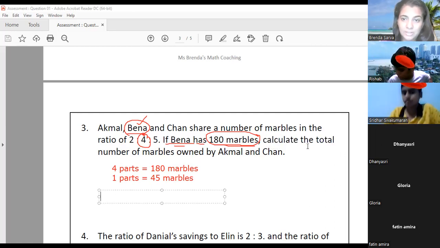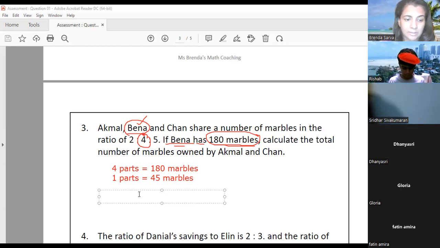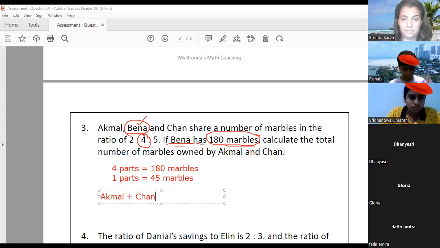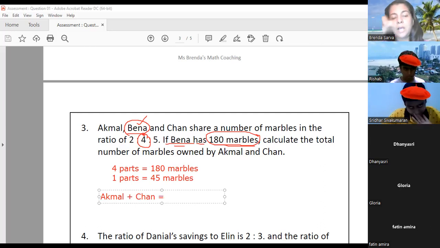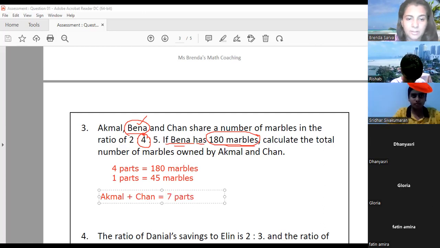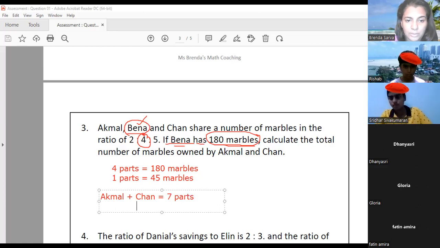Question is, calculate the total number of marbles owned by Akmal and Chan. Now we want Akmal plus Chan. Yes or not? Total means plus. So Akmal and Chan, you tell me how many parts is that? 7. Very good. You write 7 parts. Then you go down and write one more equals.